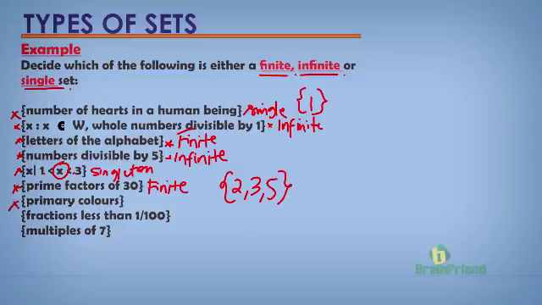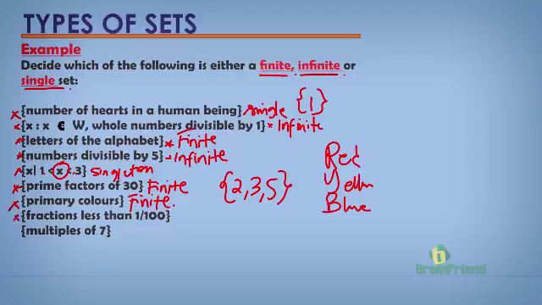Next we have the set of the primary colors. The primary colors from our art class, if we remember, are red, yellow, and blue. So we have just 3 colors referred to as primary colors. Therefore, our set is finite.